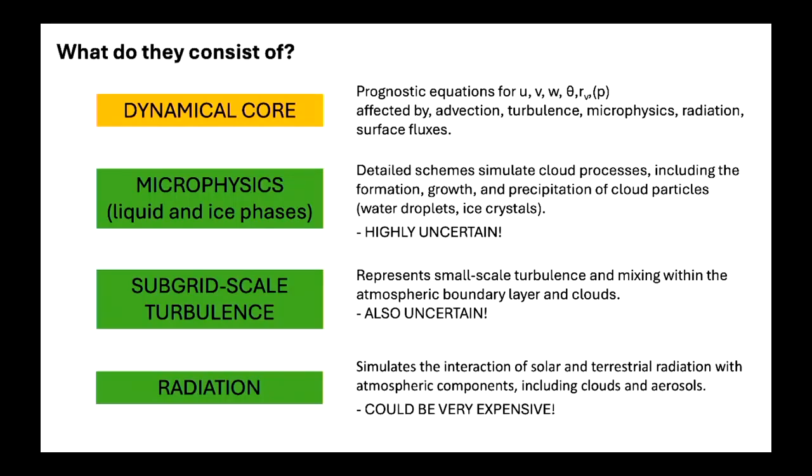So your simulation sometimes is quite sensitive to the particular microphysical scheme you choose. And then the subgrid scale turbulence is the parameterization that represents the small scale turbulence and the mixing within the atmospheric boundary layer, as well as in clouds. And this is also quite an uncertain process in our model.